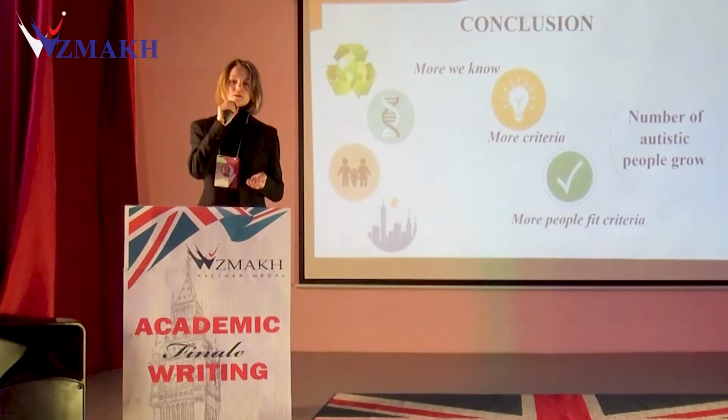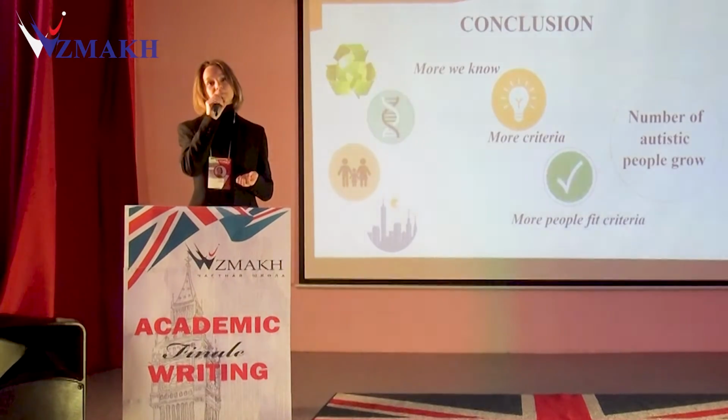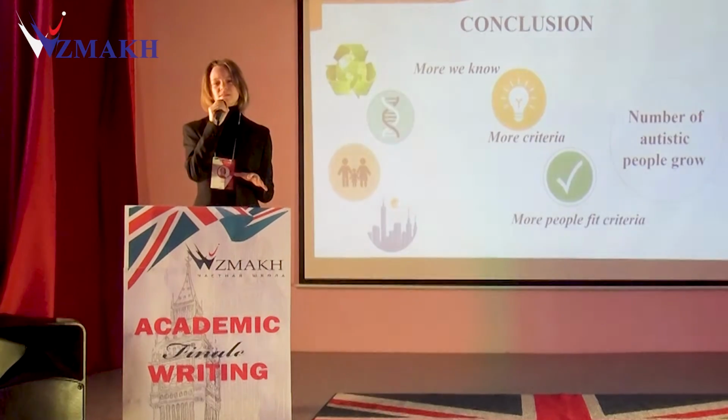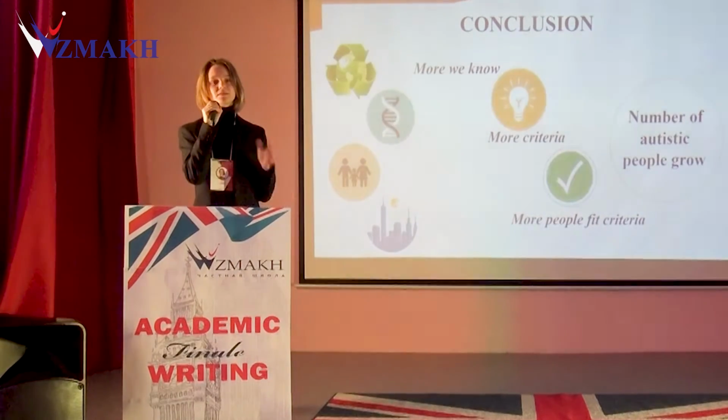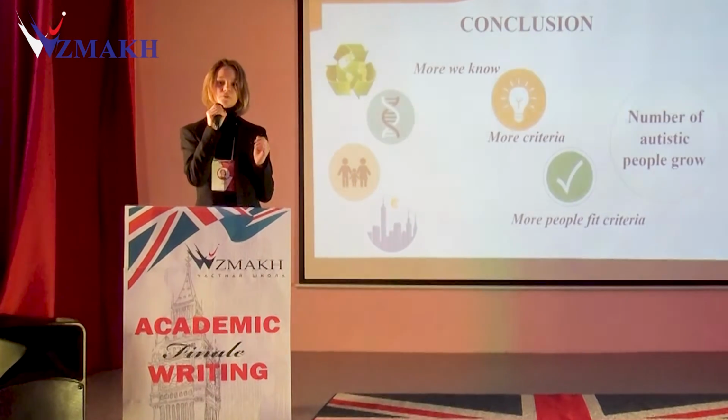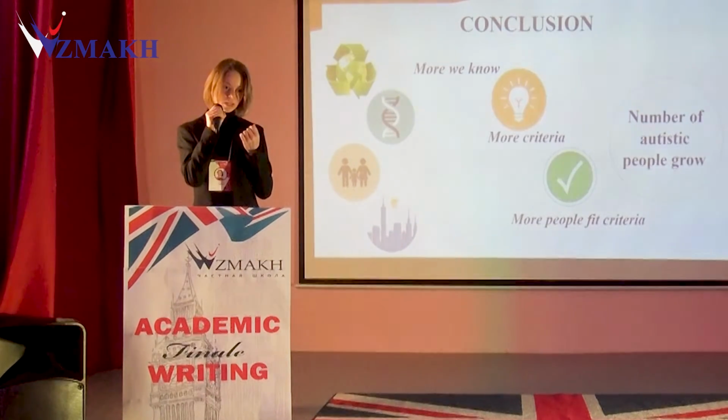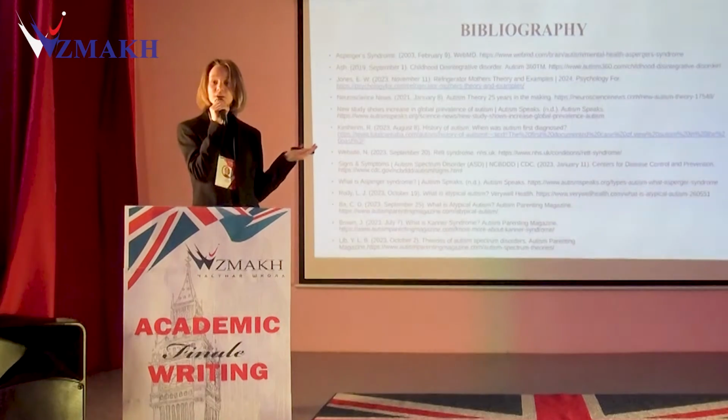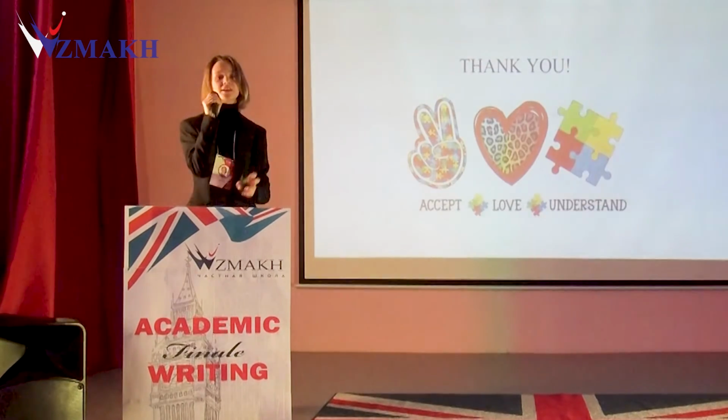Long story short, according to the research that I have made, there are plenty of reasons such as genetics, environmental situations, parental age, also place of living, and of course overdiagnosis. Here you may see articles which I used for my research paper, and thanks for your attention.